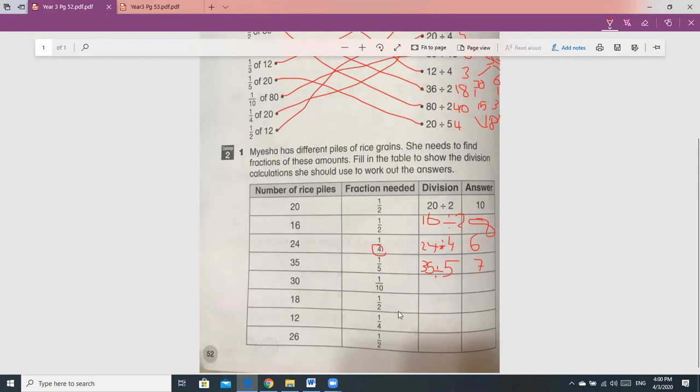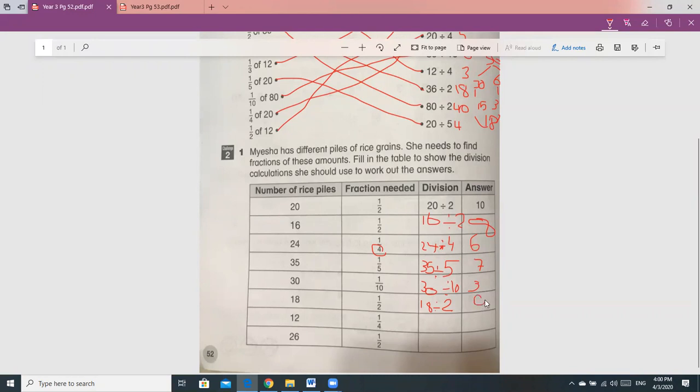Okay, now what I'm going to make here is 30 divided by 10 equals 3. Here, 18 divided by 2 equals 9.